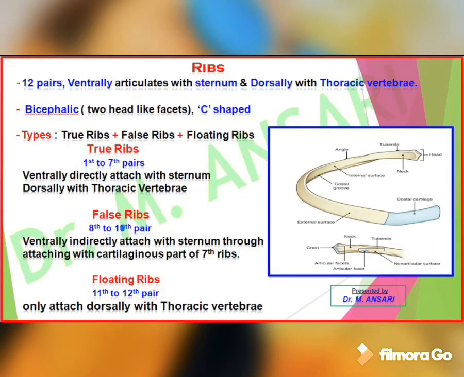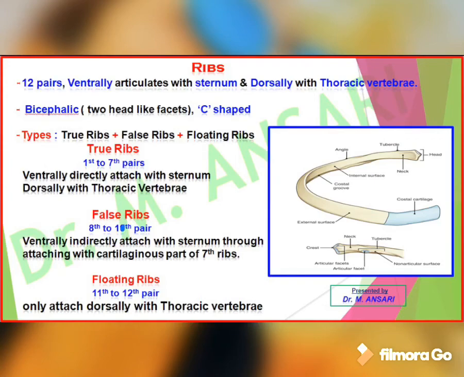First to 7th pairs of ribs are called true ribs. Ventrally these ribs are attached with the sternum and dorsally with thoracic vertebrae. 8th to 10th pairs of ribs are called false ribs, which are also called vertebrochondral ribs.